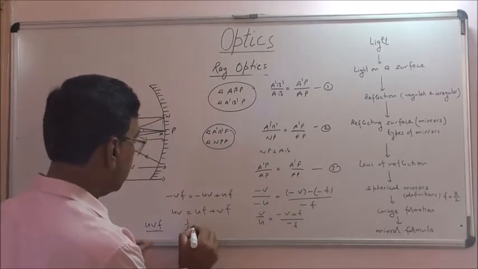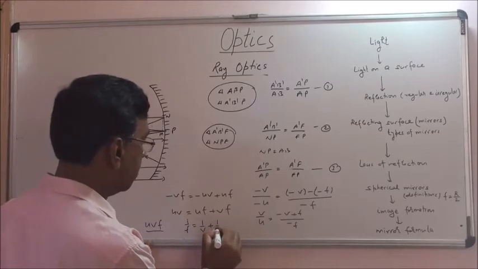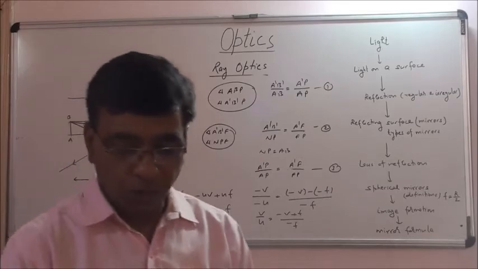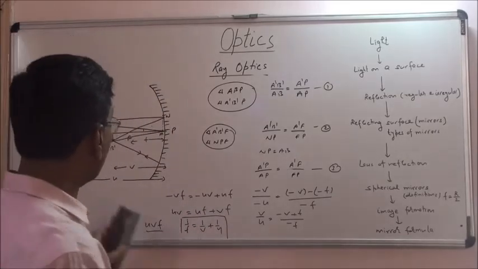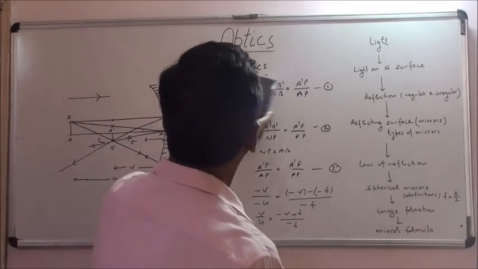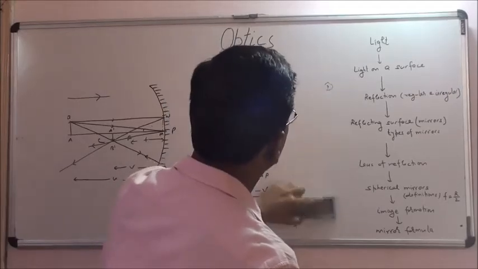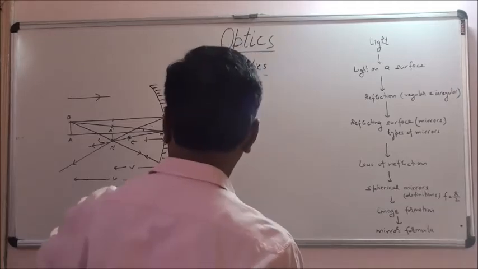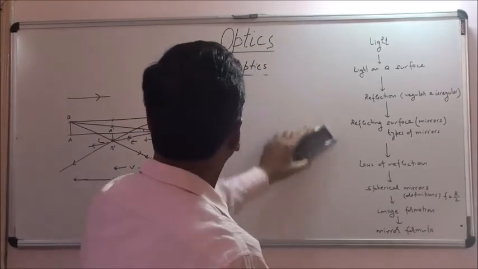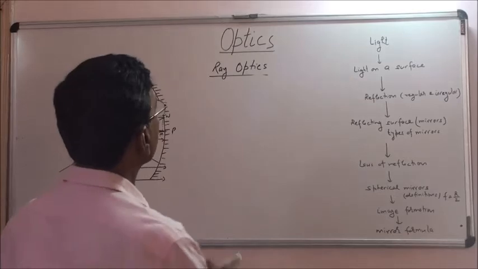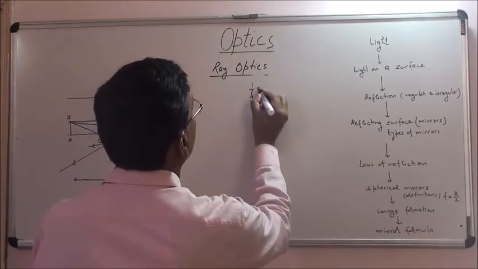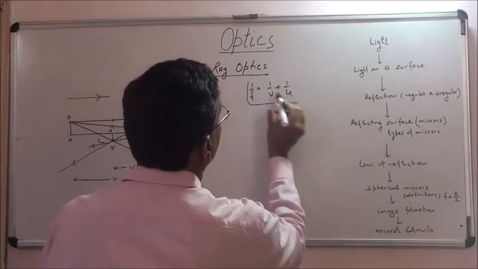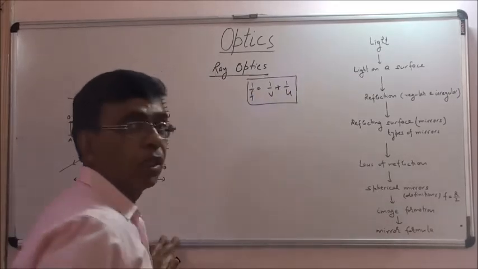This will be 1 by F, this will be 1 by V, this will be 1 by U. So 1 by F is equal to 1 by V plus 1 by U. This we call the mirror formula.